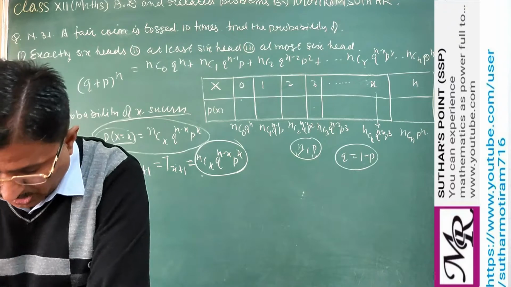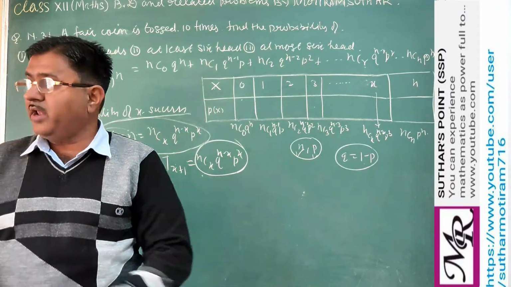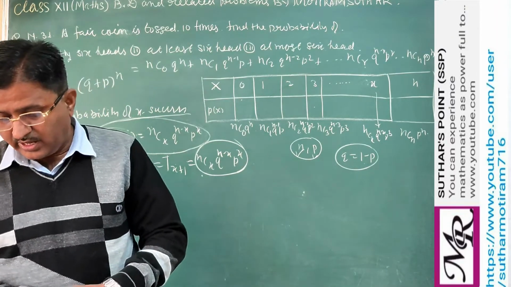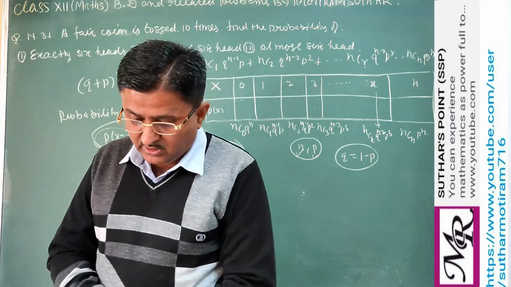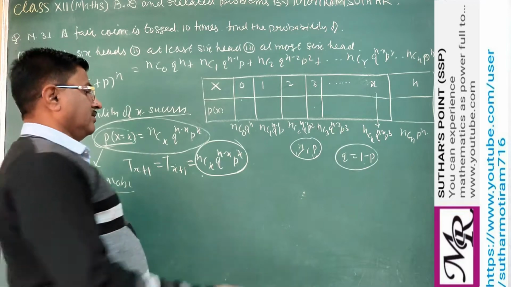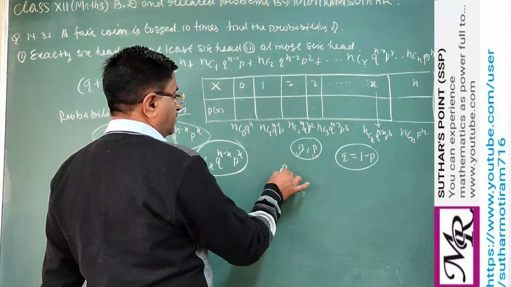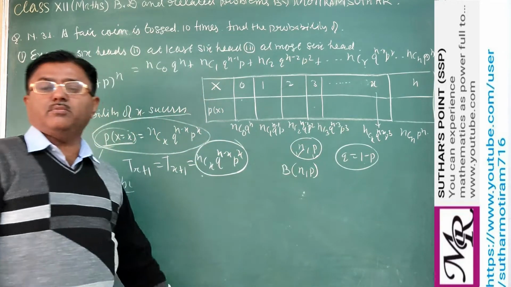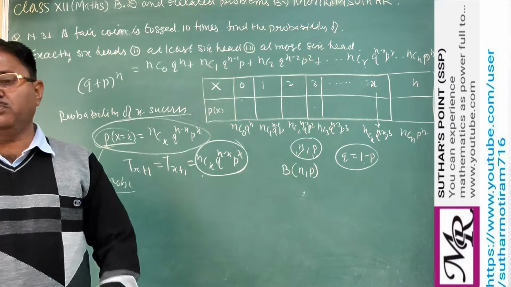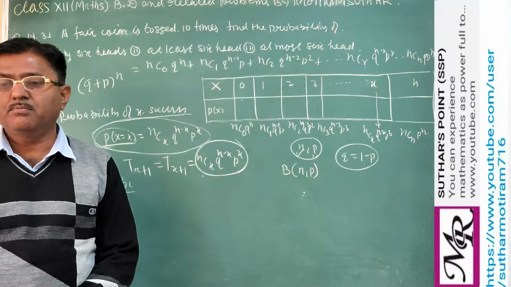Now we can say a binomial distribution with n Bernoulli trials and probability of success in each trial as p is denoted by, now in some textbooks or when you go for a competitive exam, you find this type of symbol B(n, p).